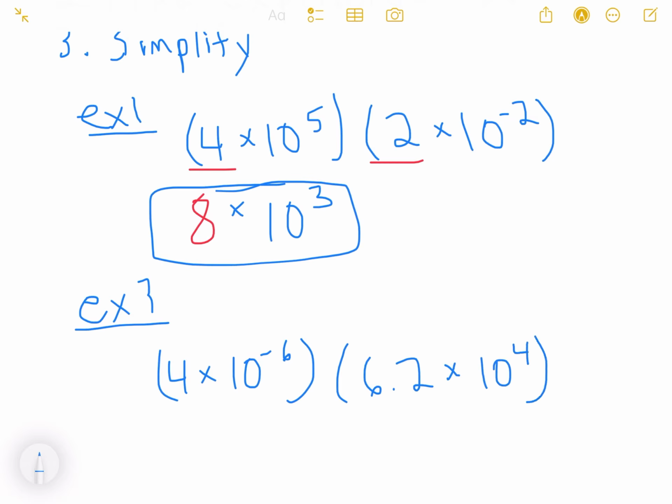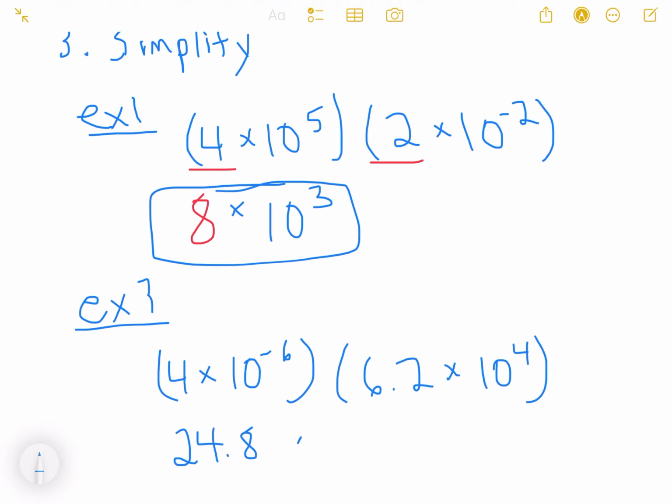So this does mean one more step here, because if I multiply 4 times 6.2, well, 4 times 6 is 24, so with the 4 times the 0.2, I end up with 24.8.